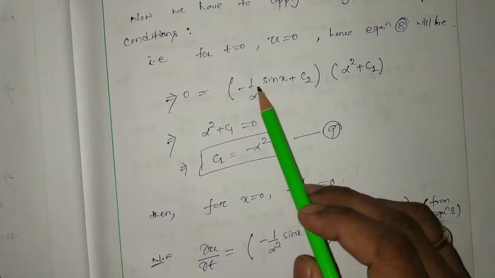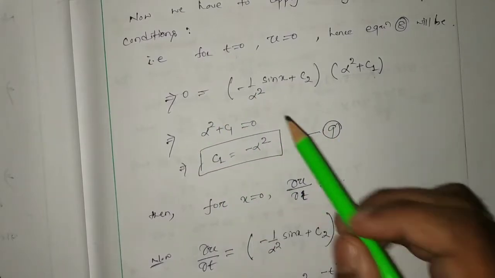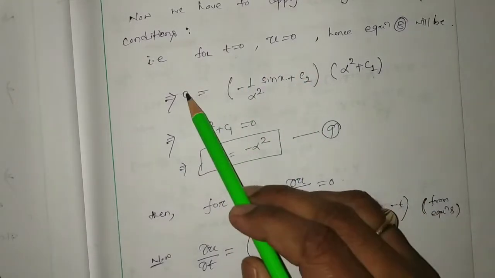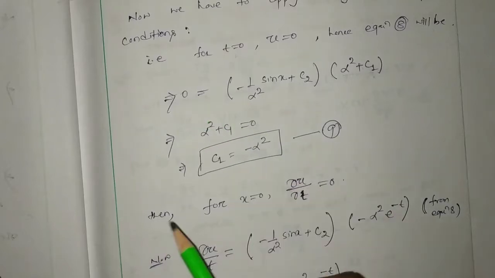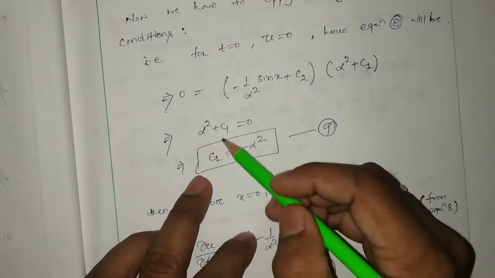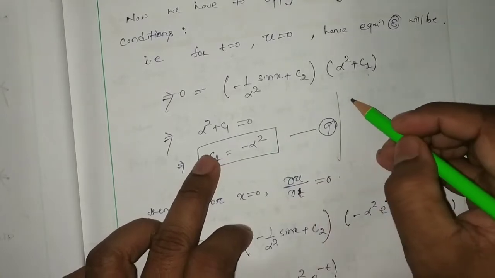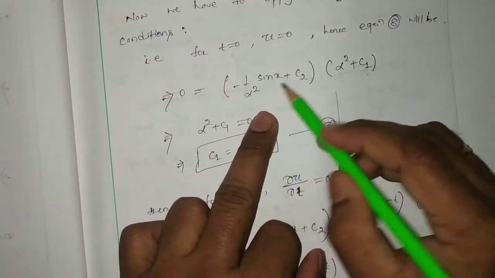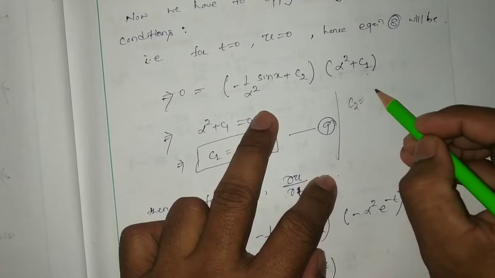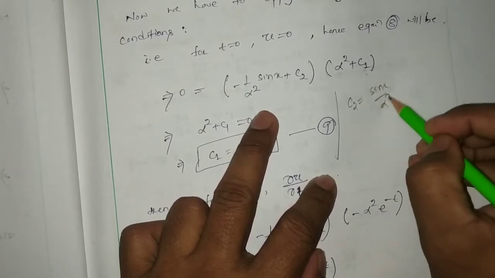Now to satisfy this equation, we can consider this factor equal to 0 and this factor equal to 0. So here we considered alpha square plus c1 equal to 0. If we consider this one equal to 0, then C2 will be sin x by alpha square.